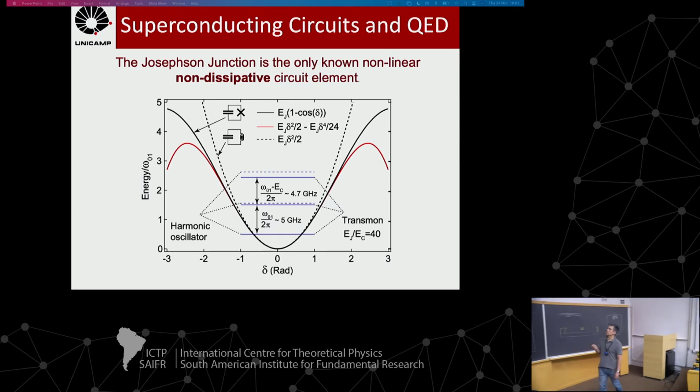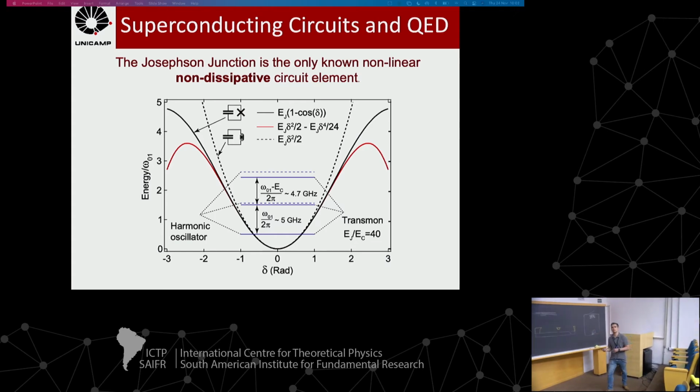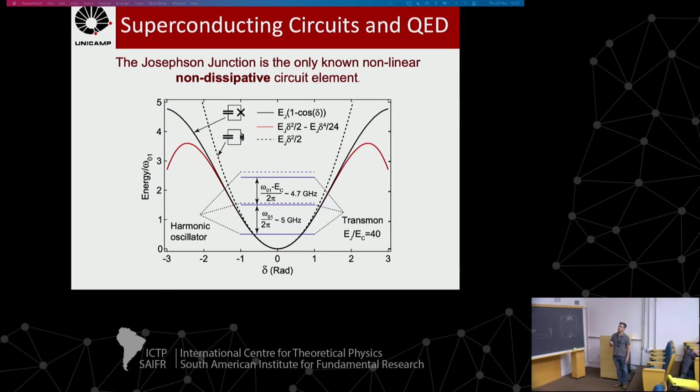So we have a difference of energy between the two different levels. That's different from a harmonic oscillator, which has all the energy levels identical. So this gives us the nonlinear element that we can use to send photons at this frequency and only induce transitions between these two levels and not induce transitions here. Okay.